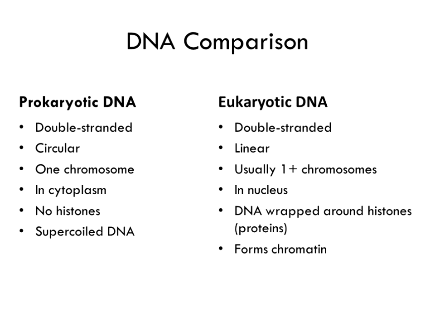So if we compare prokaryotic DNA with eukaryotic DNA, they are similar, but there are some differences. They both are double-stranded DNA, but in the prokaryotic cells, it's just one circular chromosome in the middle of the cell, and it's not in a nucleus, it's just in the cytoplasm, whereas eukaryotic DNA is going to be linear, and it's going to usually result in more than one chromosome.